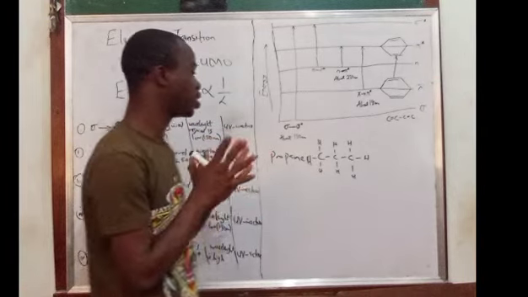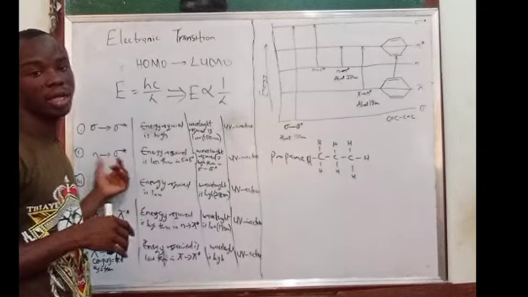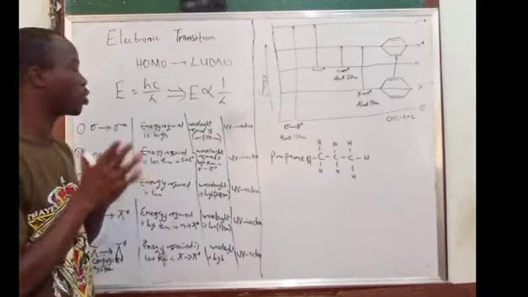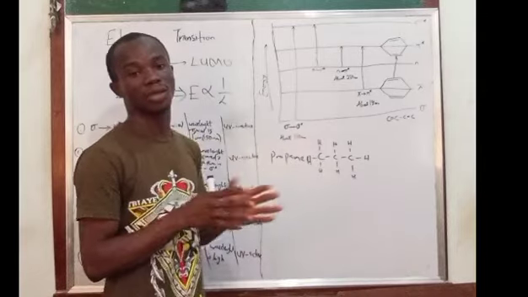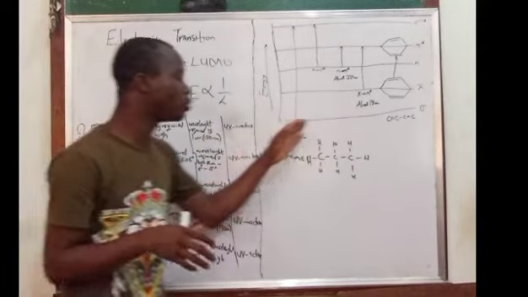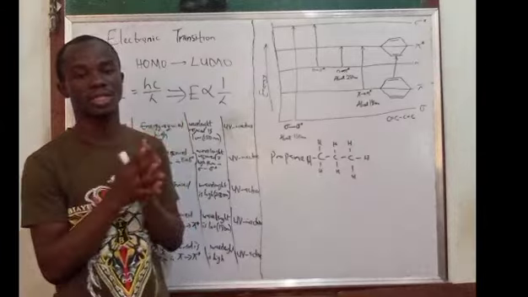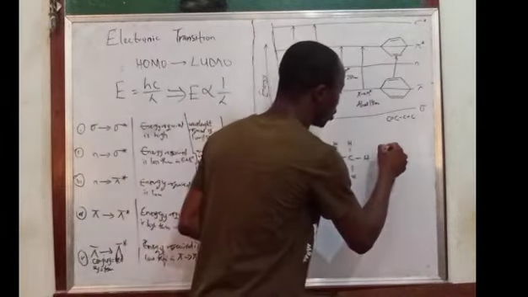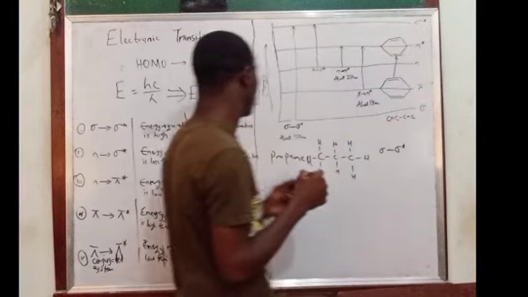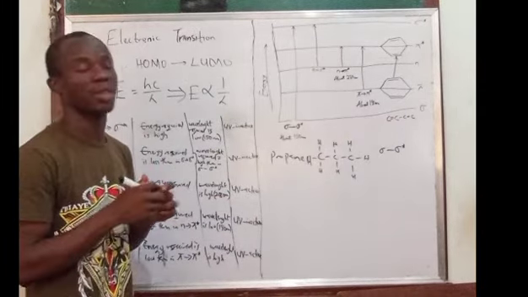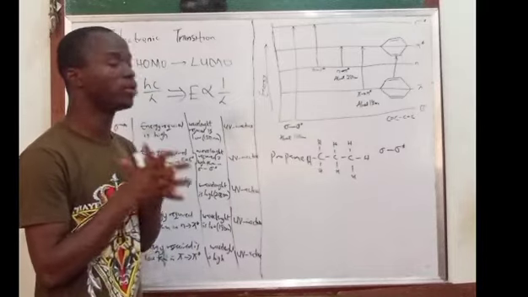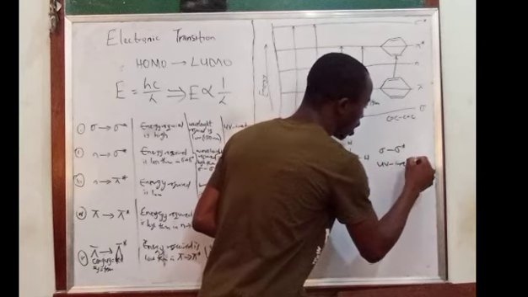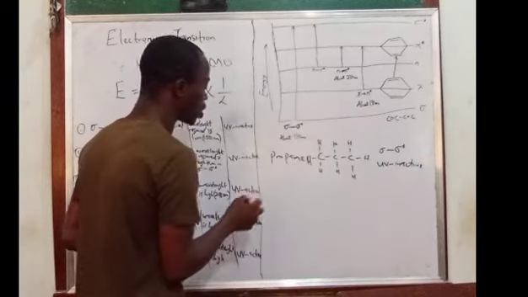That means you cannot have N to sigma star or N to pi star, because the system does not have any atom that carries a lone pair of electrons. All the electrons that we have here are sigma electrons. So the only kind of transition that we can have here is the sigma to sigma star. But from what we have said, sigma to sigma star electronic transition is not UV active. So that means that this molecule itself is UV inactive. Let's look at another example.